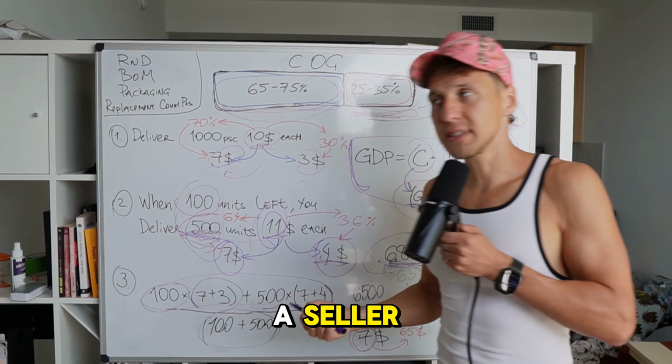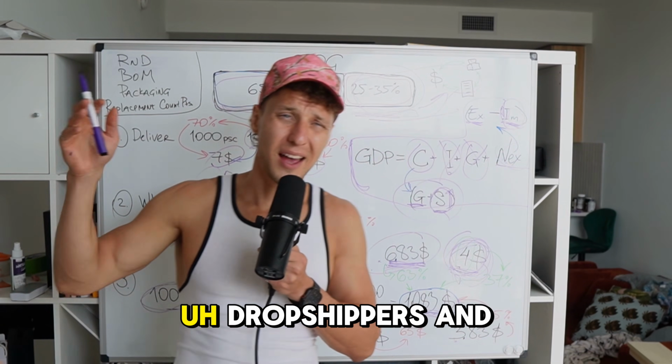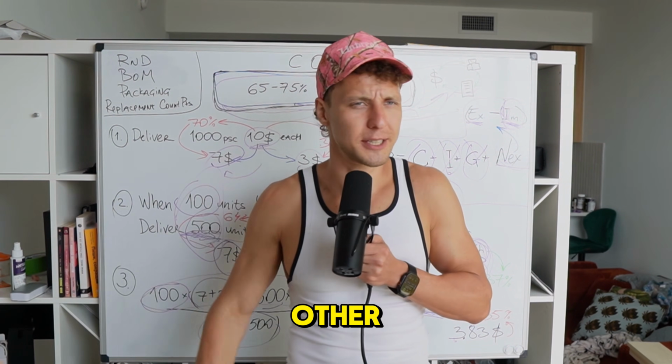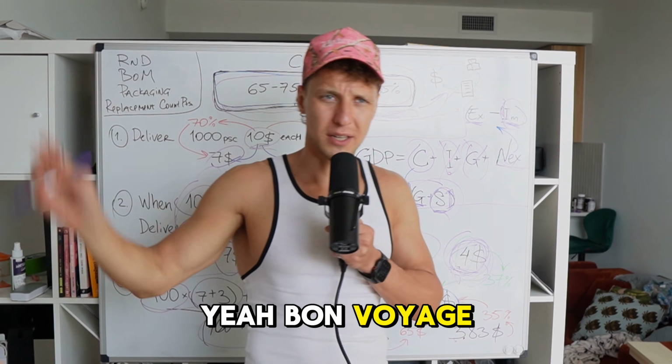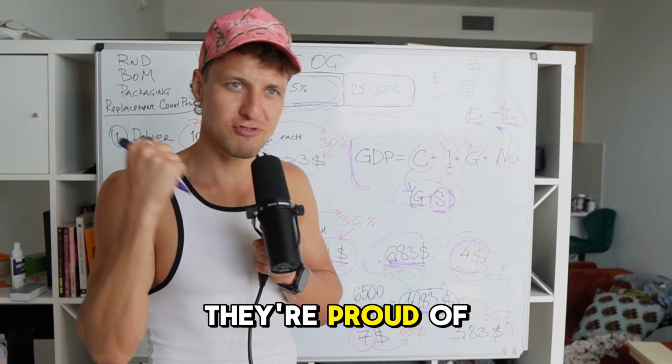Because if you're a seller, a good seller, I'm not talking about arbitrageurs, drop shippers, and others, bon voyage guys. We're not for you. We're for proper sellers who know what they're doing. They're proud of their goods, right?